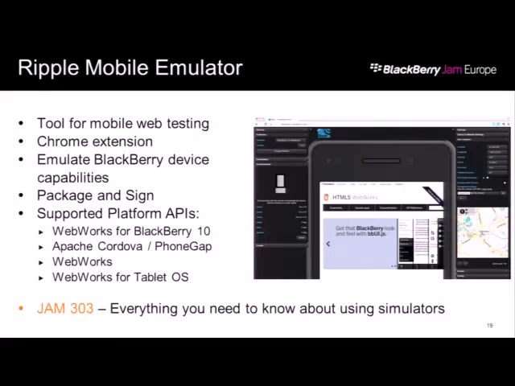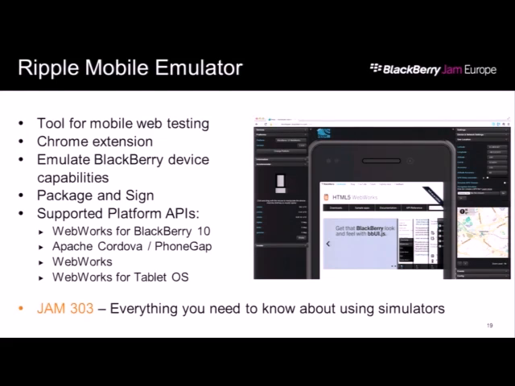But when you want to get into tooling, you don't necessarily want to, at least at the beginning, worry about a simulator or testing on device. What we've done with Ripple is an extension into Google Chrome. And what it provides is an ability to mock data of APIs that wouldn't normally be in a Chrome browser implementation.